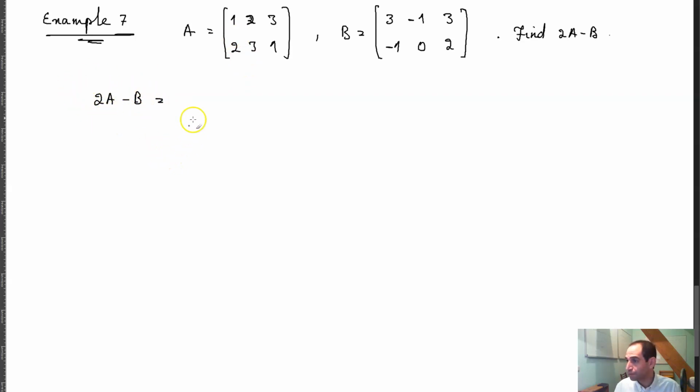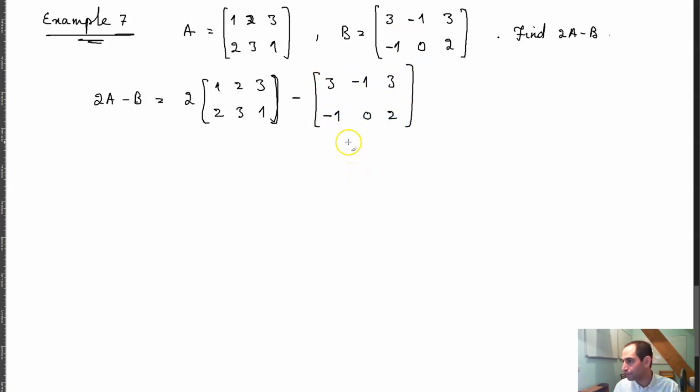So that is equal to 2 times the matrix A, which is 1, 2, 3, 2, 3, 1, minus the other matrix 3, negative 1, 3, negative 1, 0, 2.